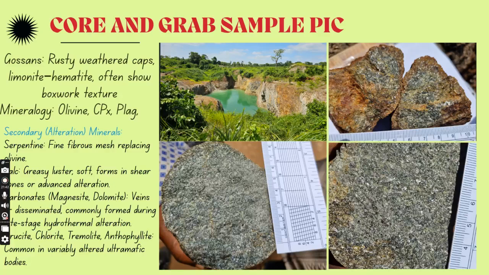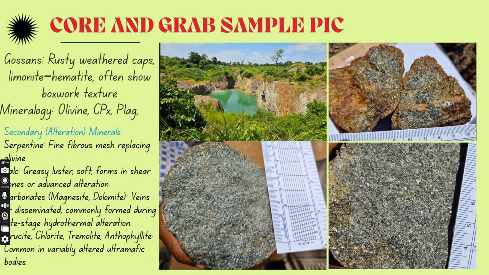Once you identify gossan, a rusty weathered cap, limonite, hematite-rich boxwork texture you need to identify, and you also need to check the mineralogy, because this gossan should be on an ultramafic complex. Whatever laterite or bauxite deposit you get, those are found on felsic rocks.